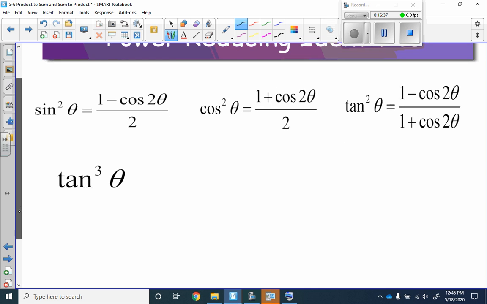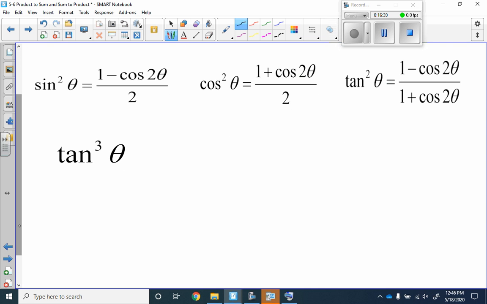So let me just show you how this works. If I have tangent cubed theta, what I have to do here is think about how you are writing this out. Well, x to the third is x times x times x. And how can I rewrite it even differently?